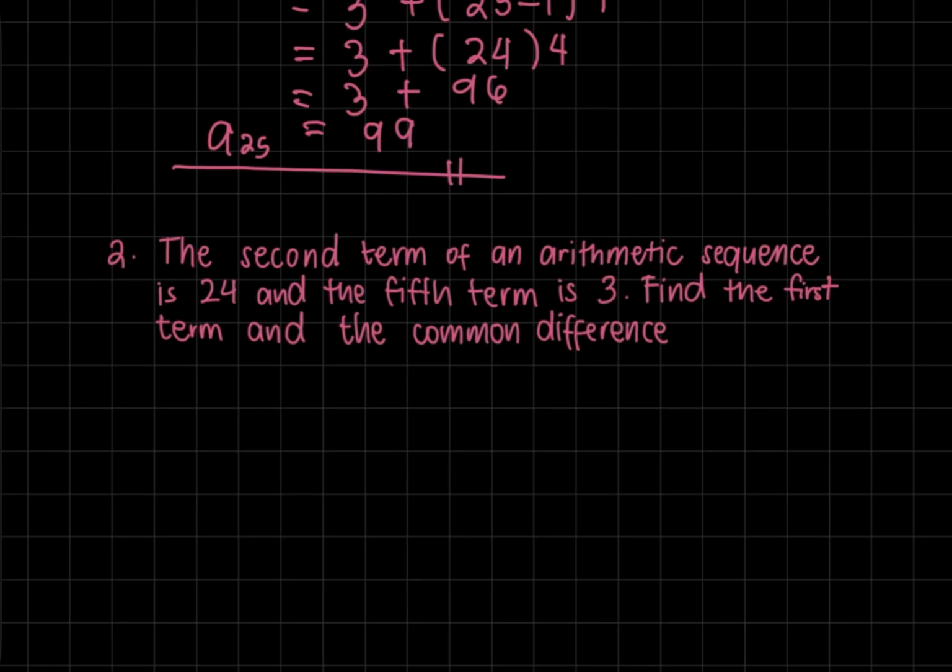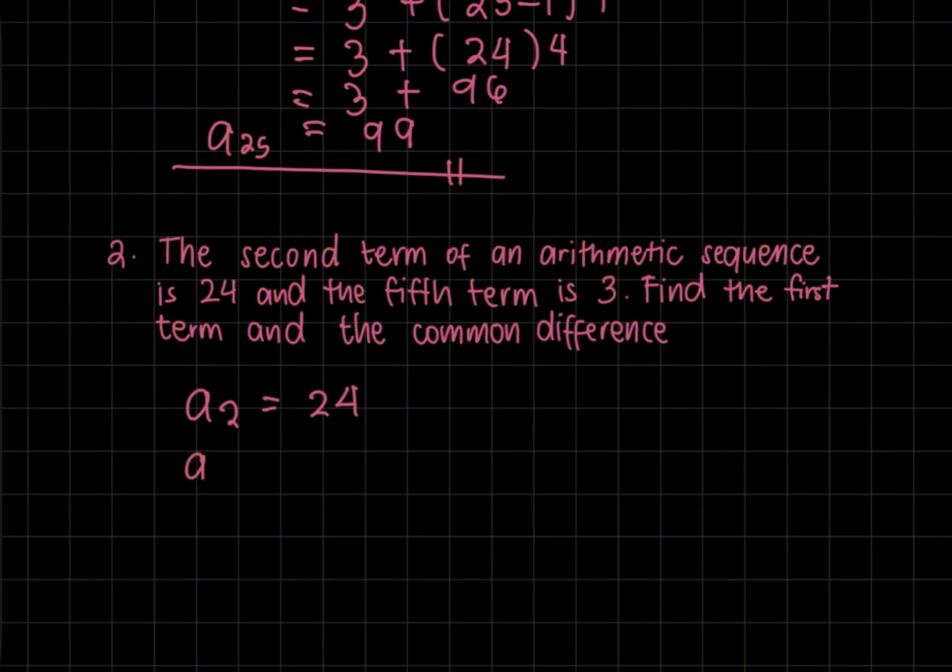The second term of an arithmetic sequence is 24 and the fifth term is 3. Find the first term and the common difference. So, the number in position 2 of the sequence has a value of 24. So let's write it down. That's a sub 2 is 24. And the number in position 5 of the sequence has a value of 3.